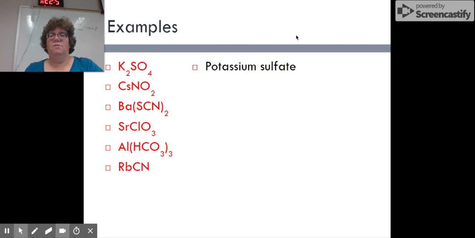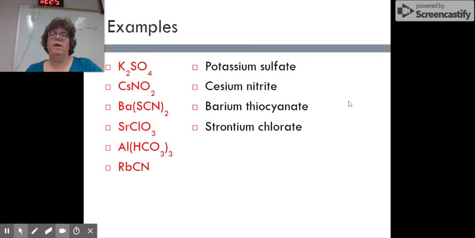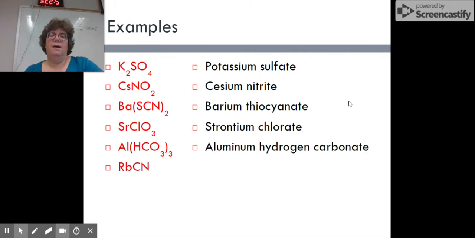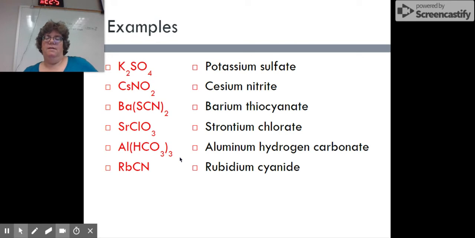We have potassium sulfate, cesium nitrite, barium thiocyanate, strontium chlorate, aluminum hydrogen carbonate. This one we got the aluminum, but when we look this up on the chart, HCO3, it is hydrogen carbonate. And then rubidium cyanide. Again, the CN is straight off the chart there.